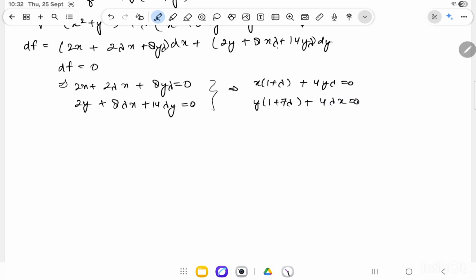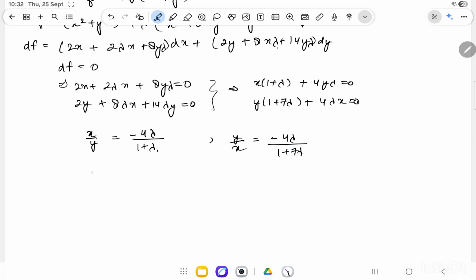Now x by y from here will be minus 4 lambda by (1 plus lambda), and from here y by x will be minus 4 lambda by (1 plus 7 lambda).